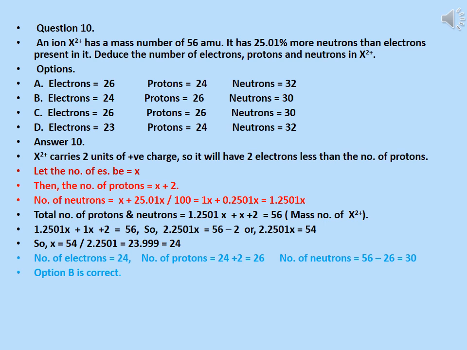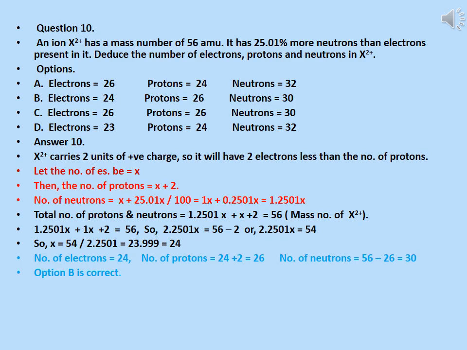So, let us assume that the number of electrons is x. In that case, the number of protons would be x plus 2, because it is a dipositive ion. So the number of protons is 2 more than the number of electrons, which we have assumed as x.